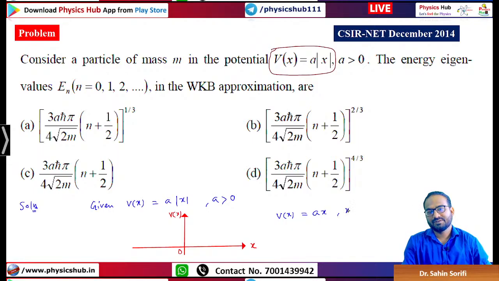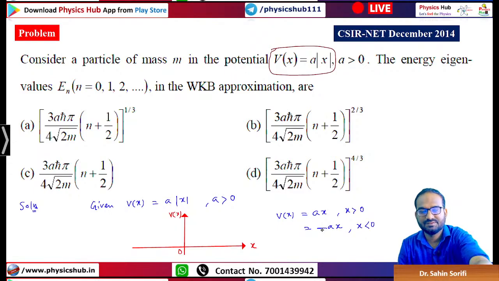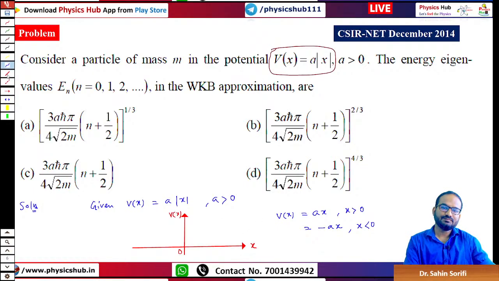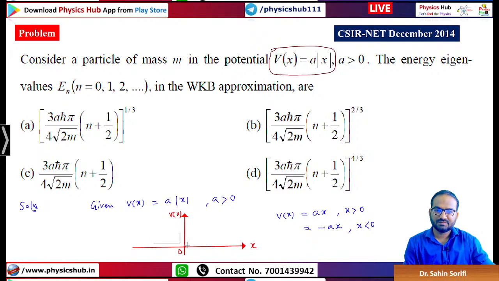It is a x when x is greater than 0, and minus a x when x is less than 0. So a x is a straight line with positive slope like this. Minus a x is also a straight line, but with negative slope, passing through the origin. y equals m x plus c, c equals 0 here. So on the negative side it is like this.